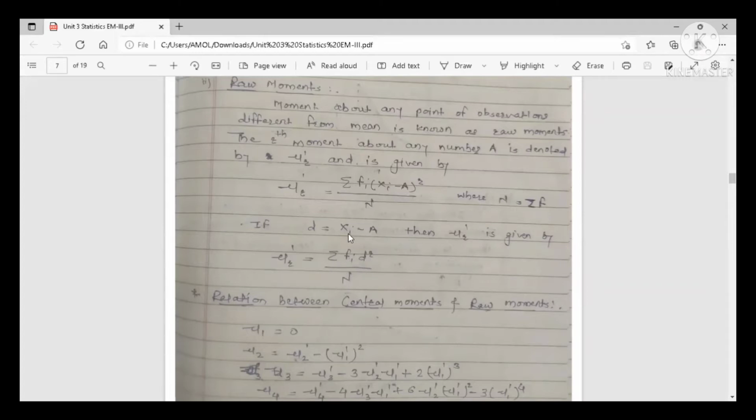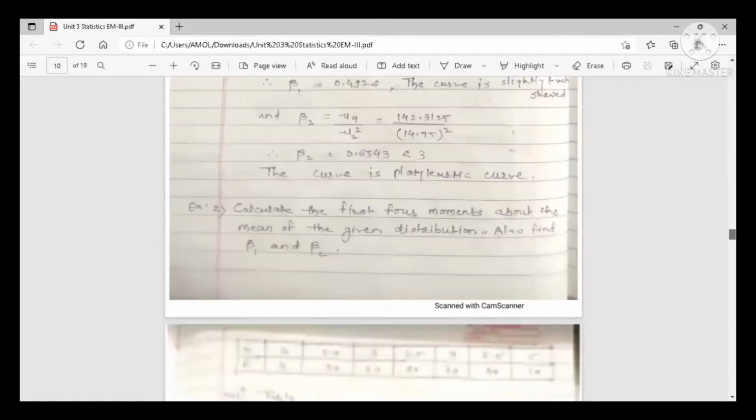Now this d is nothing but x i minus a, where a is any value from the observation column, and n is the summation of frequencies. We are going to use this formula to find the first 4 raw moments from the given frequency distribution.